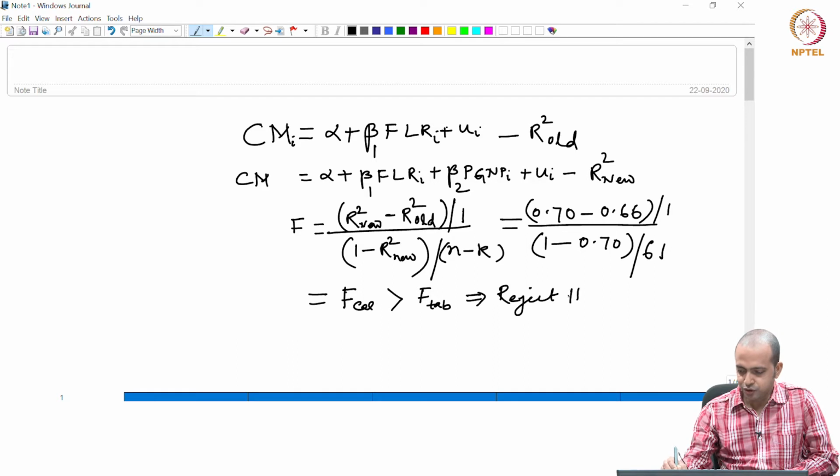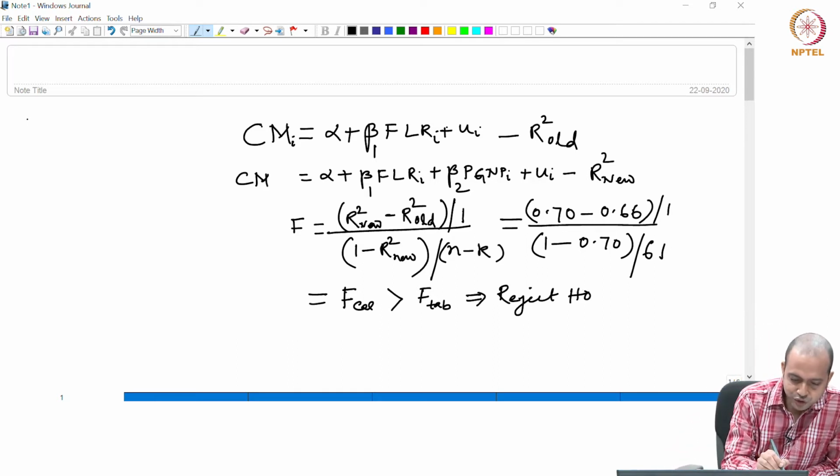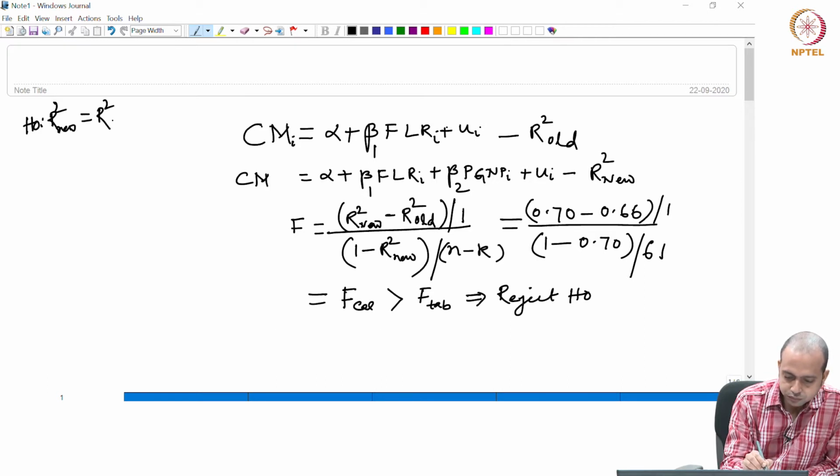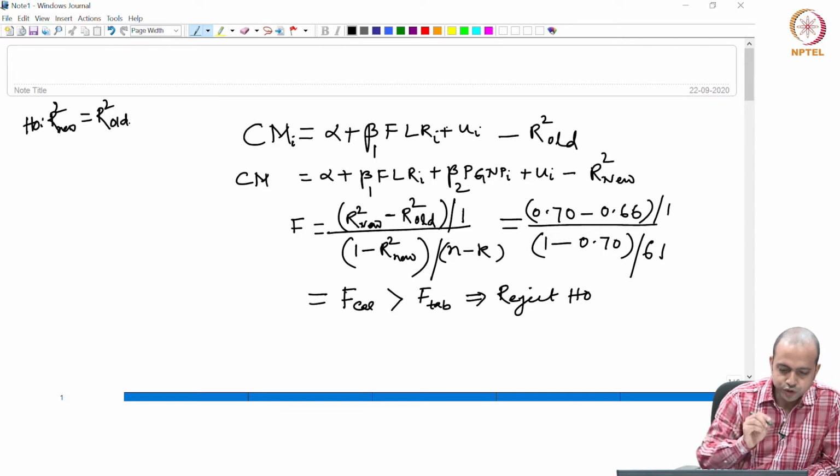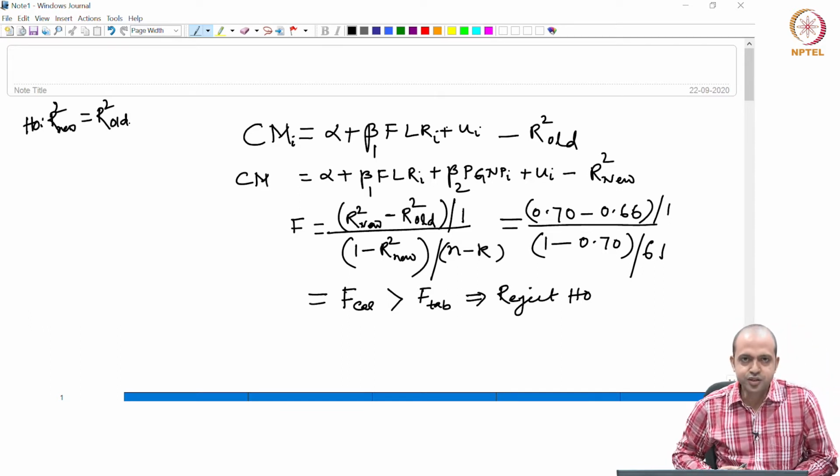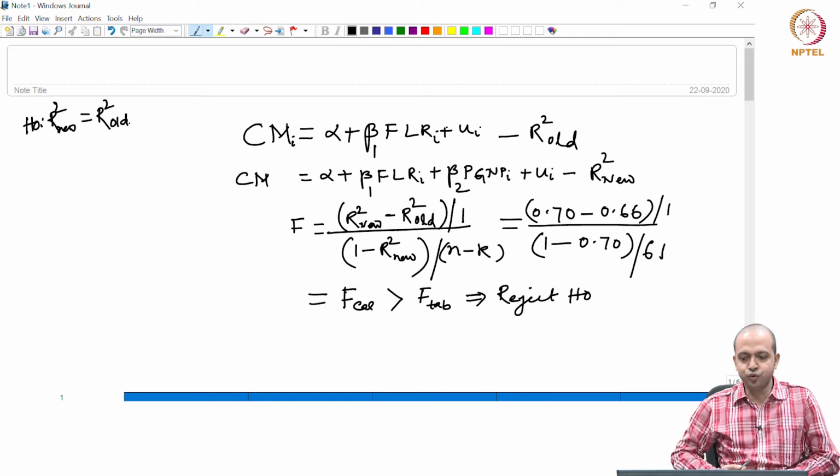reject your H naught. And what was your H naught? If you remember, our H naught was R square new equals R square old. That means there is no significant difference between the new R square and the old R square.